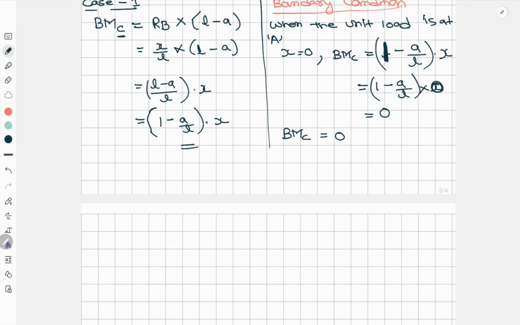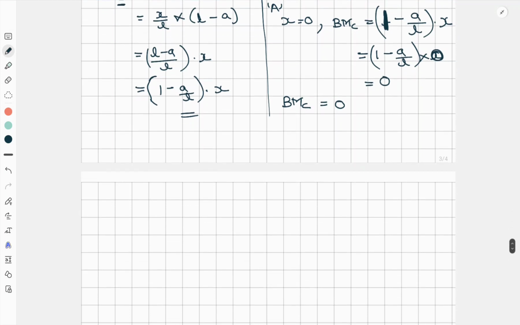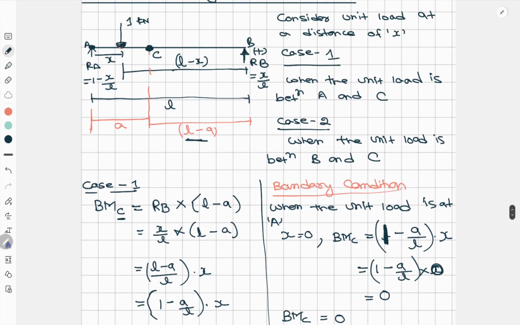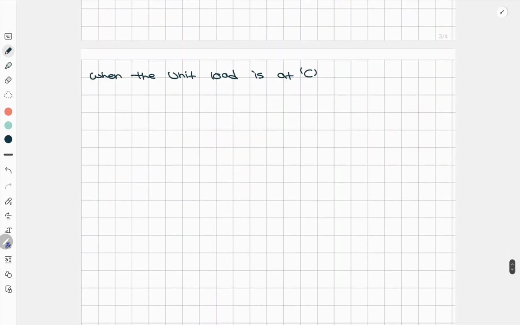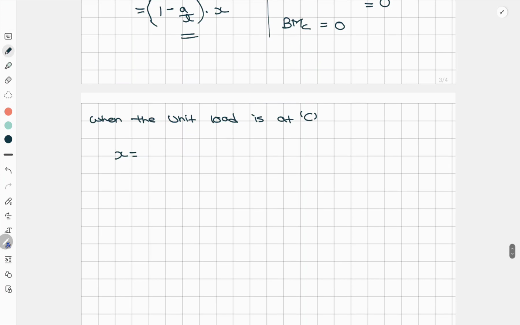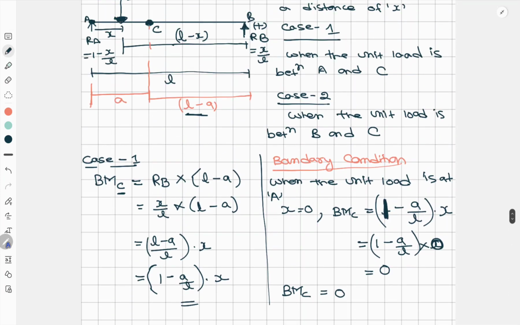Now again, when the unit load is at C point, we'll shift this unit load to this C point. So the value of X will be, see, up to this point the distance is A, right?